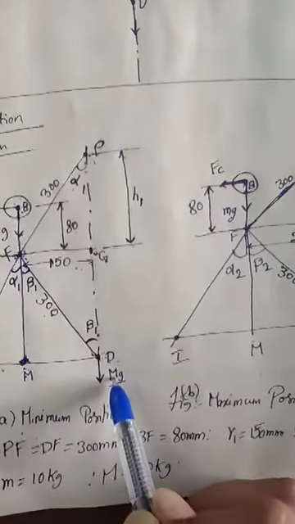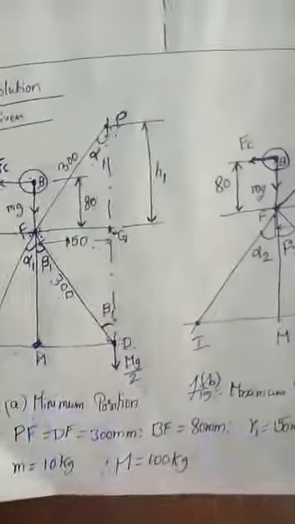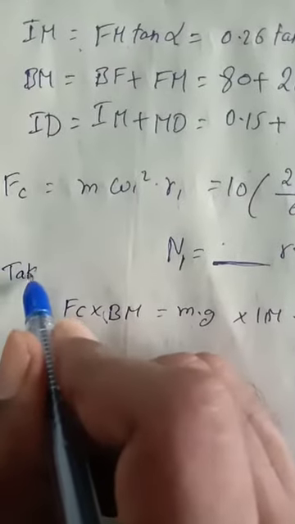Capital M into g by 2 into ID. This is taking moments.